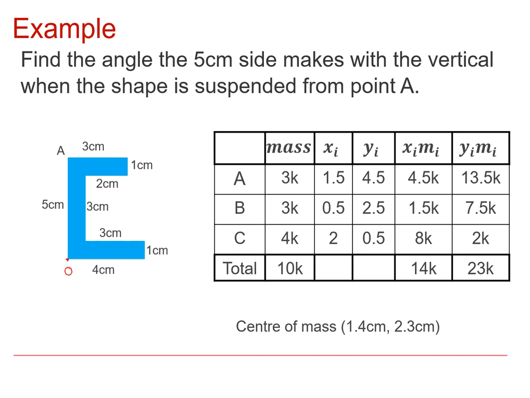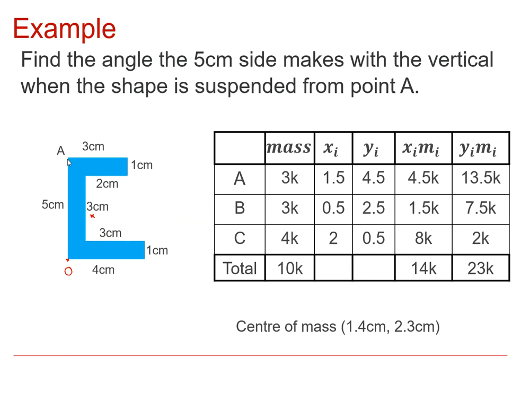So if the origin is there, 1.4 will be somewhere to the right of this line, and 2.3, well, that's 5, so it'll be a little bit below halfway along this, so we're talking somewhere around about there. Interesting, the centre of mass here is not actually within the shape itself. That can often happen in shapes like this. The centre of mass is there.